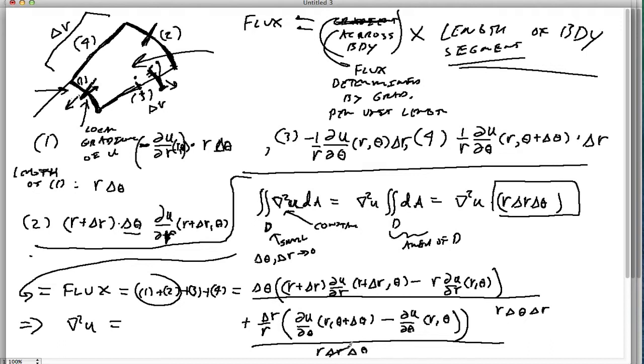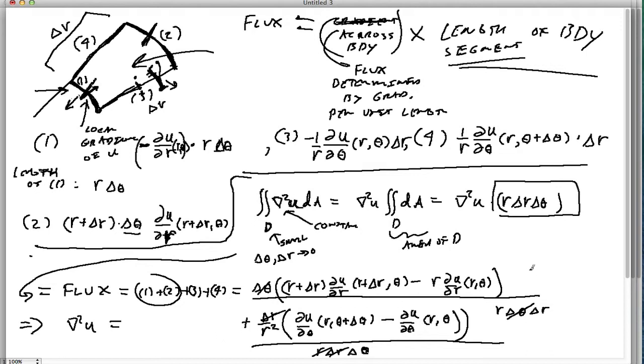We see here the r's cancel. We can cancel that and put an r squared there. We see then we have a delta theta down there. The same thing here. That cancels with that theta, and we leave those alone.